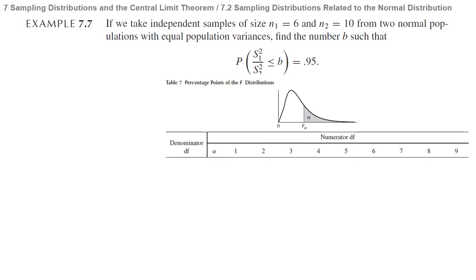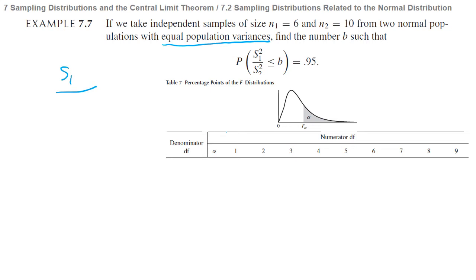Let's move on to example 7.7. If we take independent samples of size n1 equals 6 and n2 equals 10 from two normal populations with equal population variances, find the number b such that this holds.